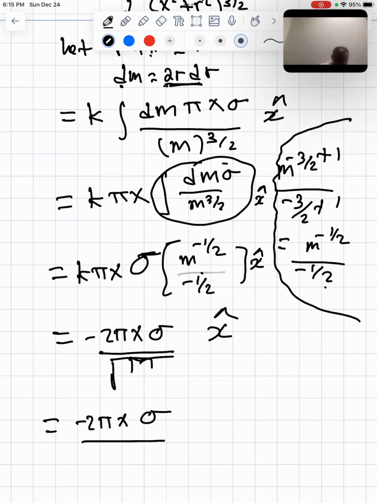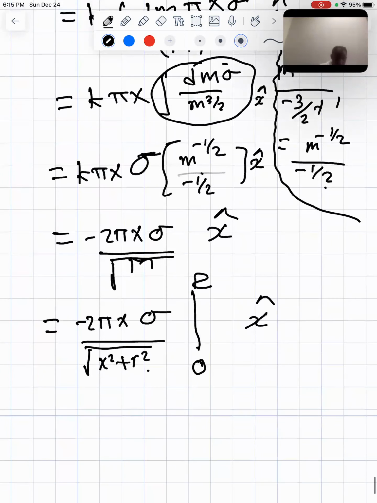Still I'm doing the algebra. So square root of m is nothing else. m is just x squared plus r squared. And r varies, because the charge is distributed. r varies from 0 to r.